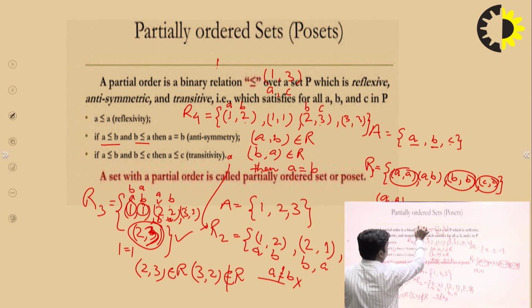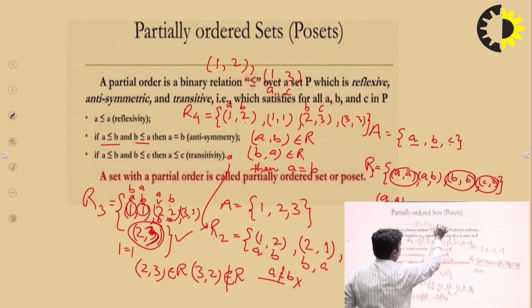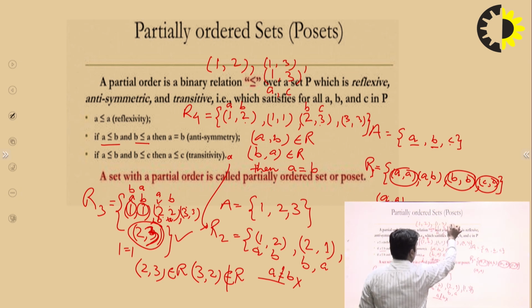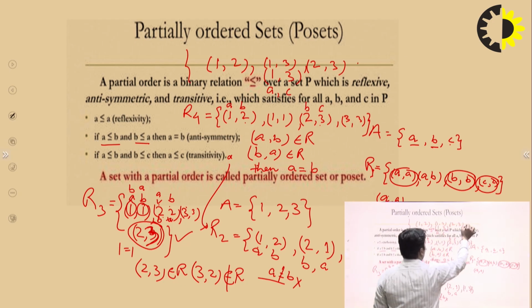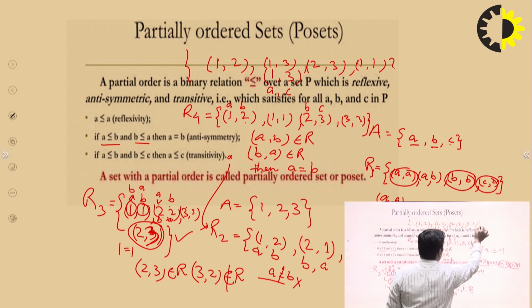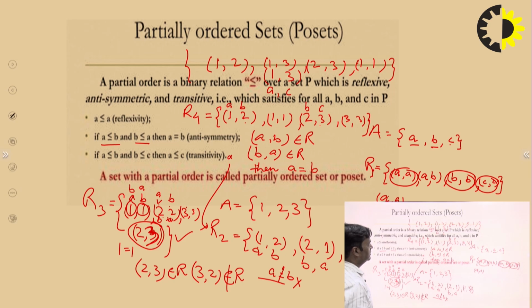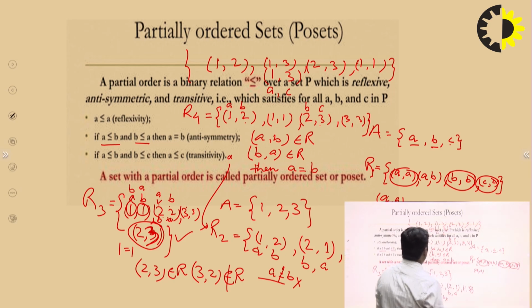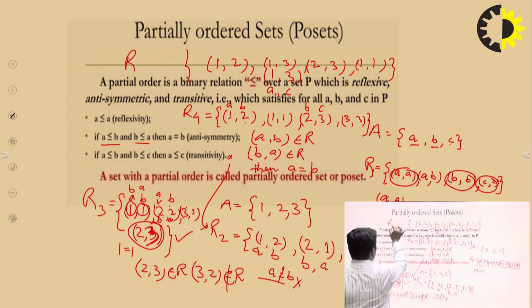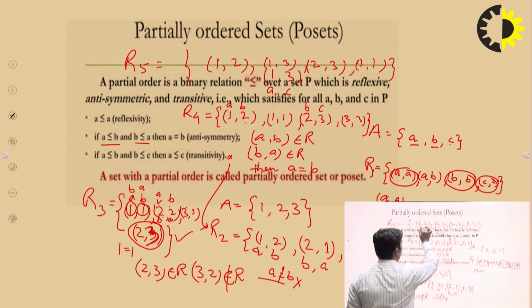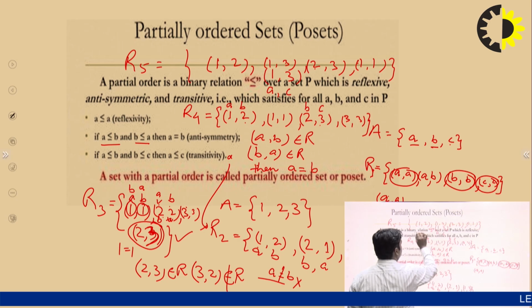If we take (1, 2), (1, 3), (2, 3), (1, 1), here we check for R5 whether it is transitive or not. (A, B), (B, C), (A, C) is here.